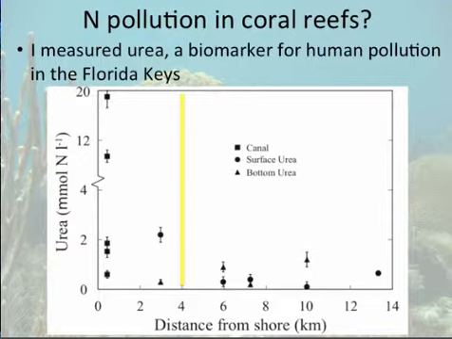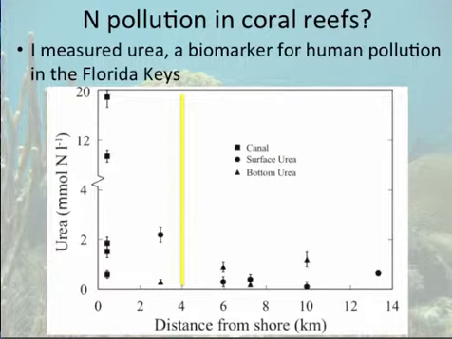In looking at this urea nutrient, I wanted to evaluate whether there was pollution from human sources on coral reefs. What I found was that in nearshore environments, in samples that I took from a canal near Key Largo, there was a variable and high level of urea in these waters.